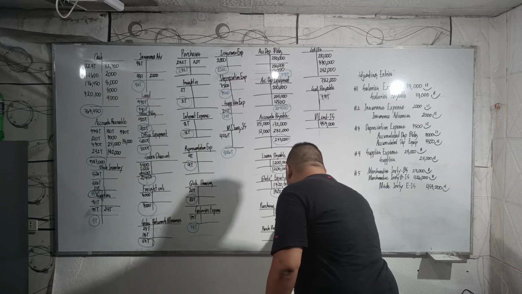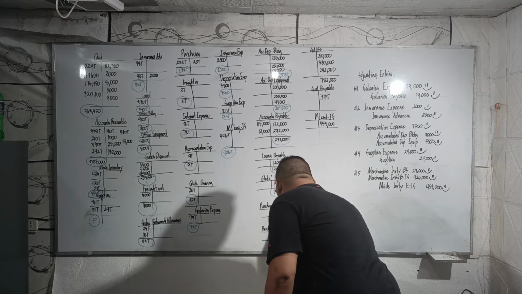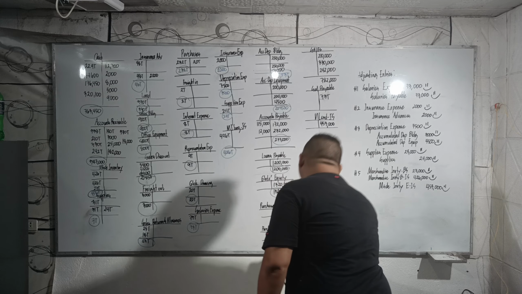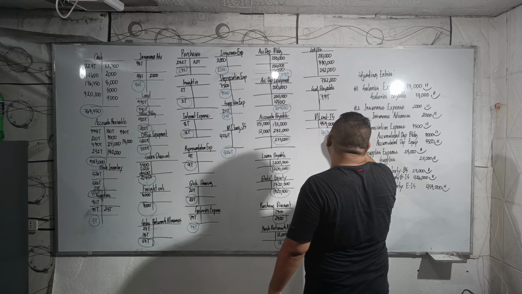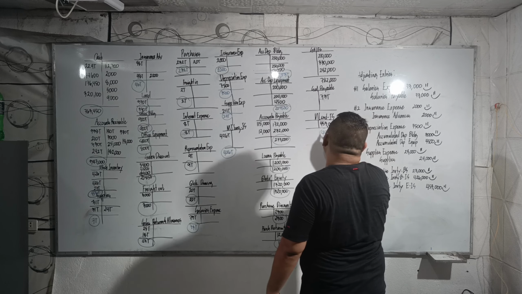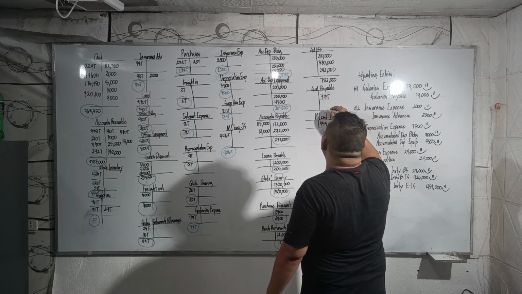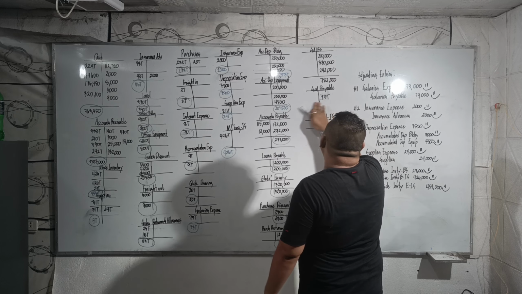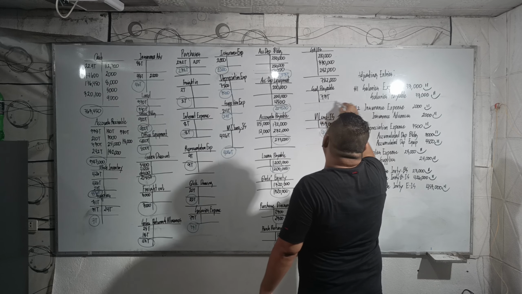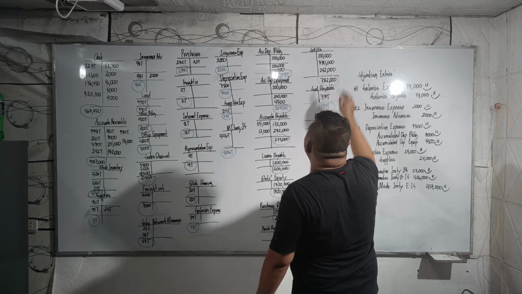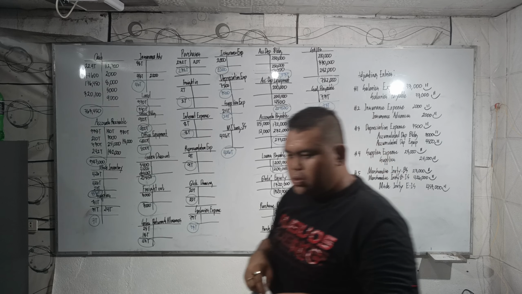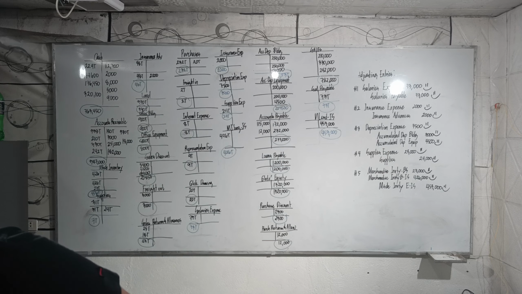And the purchase discount is still at 2,3. 12,000 for purchase returns and allowances. This is a new amount for merchandise inventory and income statement. The salaries payable is also new. So that's the balance, and then the sales will still remain the same. Okay? So those are the adjusted balances.